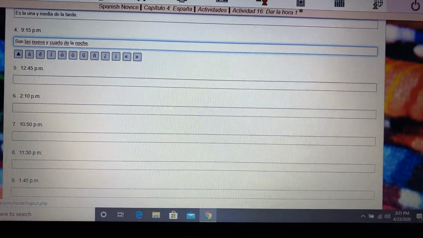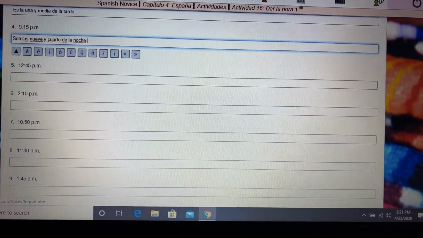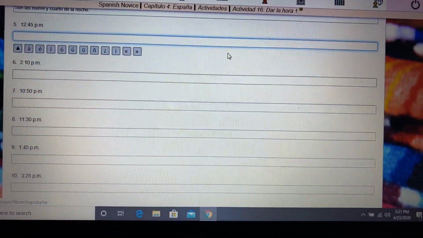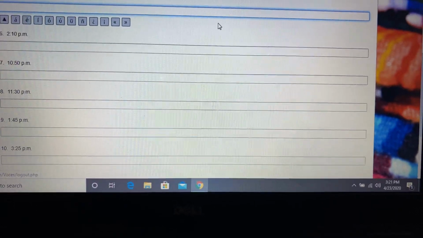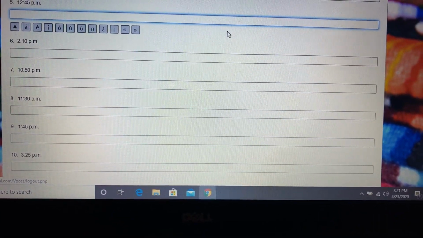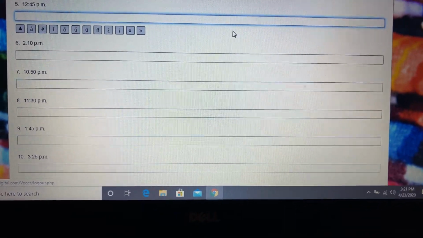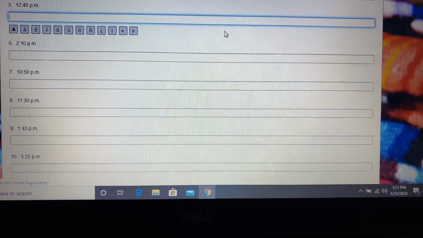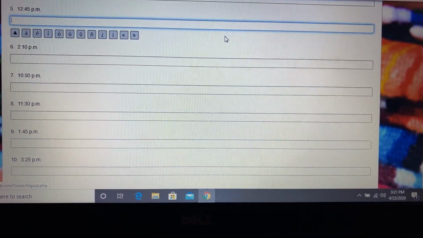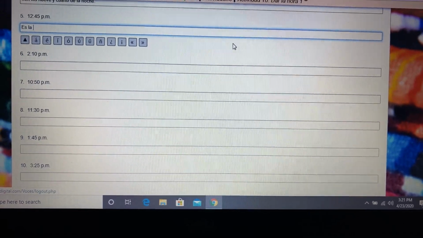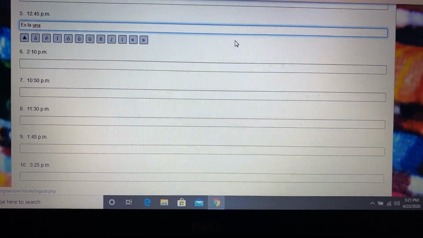So you should see that all of these follow those rules. If you have your rules in place and you pay attention to them, you should be doing fine. All right, so here's one that's 45. It's more than 31. That means I'm going to subtract from the next hour. So for number 5, remember on a clock, we don't go to 13, we go to 1 again. So this is going to be es la una, right?